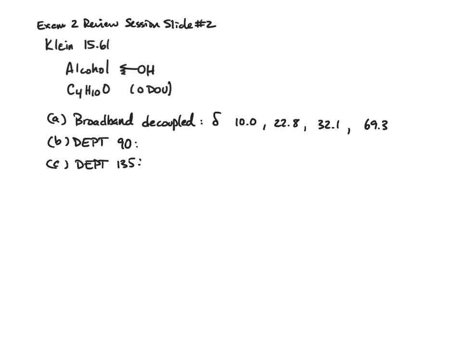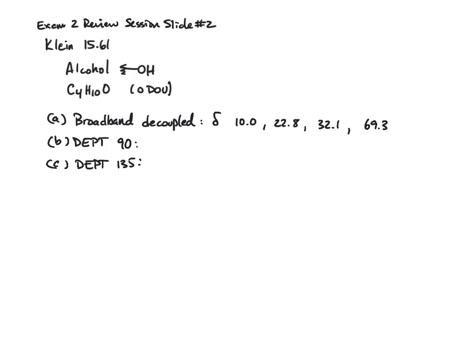Before you bite my head off about what these numbers mean, the DEPT experiment is telling you the classification of those carbons. The number after the DEPT tells you how the pulse sequence hits the nuclei. So 90 basically tilts the nuclei 90 degrees, 135 tilts at 135. Is that important to you? No. What's important is if it tells you the phase is up or down.